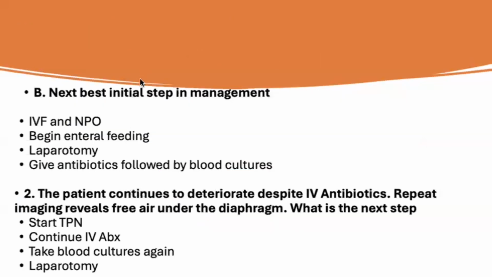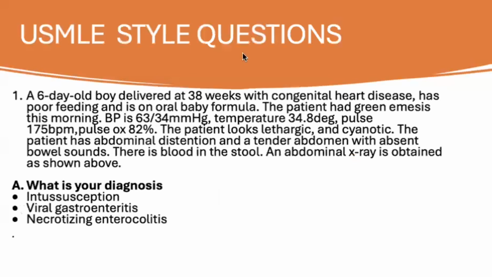So the next question asks, what is the best initial step in management? We have IV fluids and keeping the patient nil per os, begin enteral feeding, laparotomy, give antibiotics followed by blood cultures. If you remember, our patient has a BP of 63 over 34 millimeters of mercury.